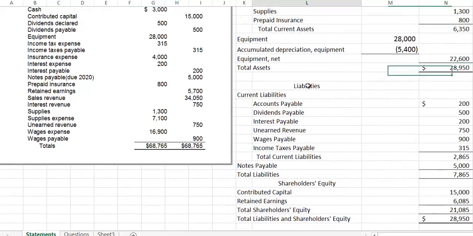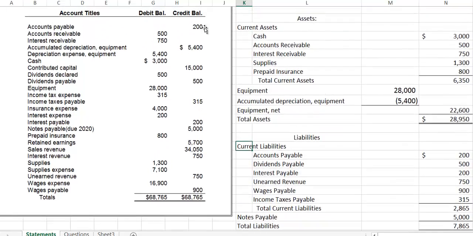So let's start with our liabilities and shareholders' equity section. So let's look at liabilities first, and let's go to the current ones. Current liabilities normally start with accounts payable, which we can see from our adjusted trial balance is $200. We've got dividends payable here, so all those dividends we declared, we didn't pay them yet. That's $500. Now, it doesn't have to be like that.